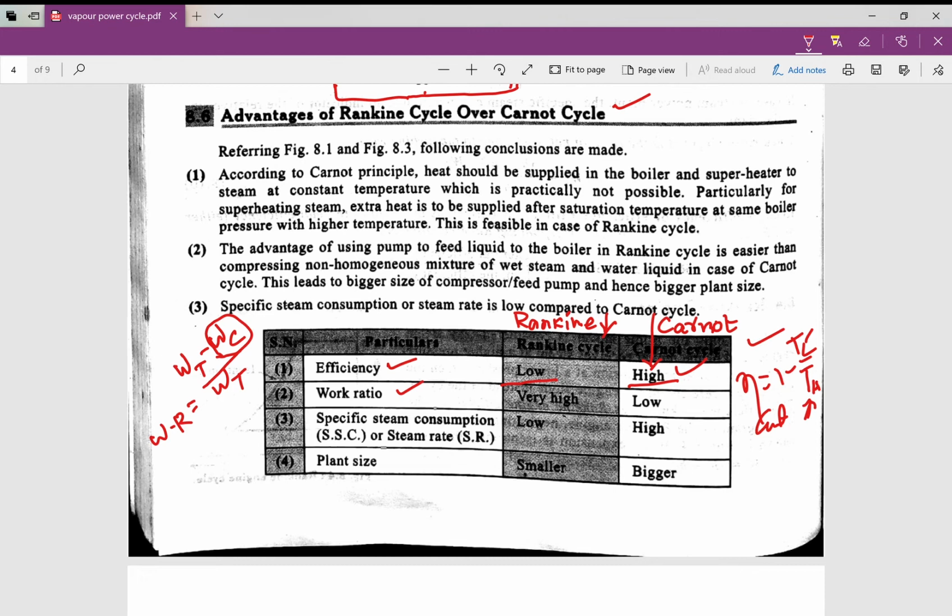So the compressor or pump work is more in the Carnot cycle, and therefore the work ratio is low in the Carnot cycle, and in the Rankine cycle it is very high.